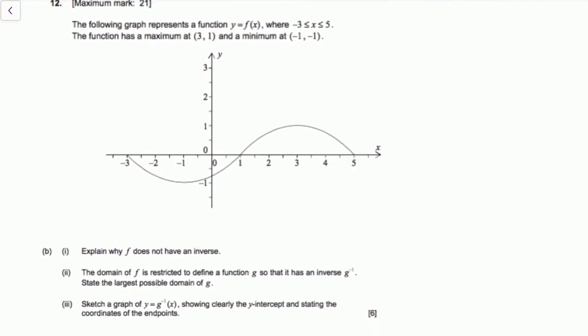The next question, we have something called a domain restriction. It concerns the fact that some function doesn't have an inverse, and if you remember, it comes down to a thing called the horizontal line test.